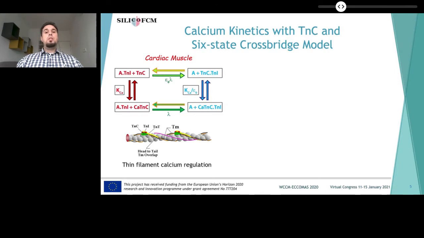Calcium regulation is defined by calcium binding or dissociation from cardiac troponin C, which changes the affinity of T and I to actin. This is shown in a 4-state cycle with closed and open allosteric states. Closed states are painted in red and open in blue.